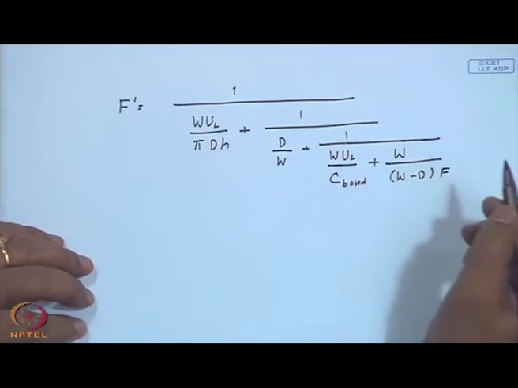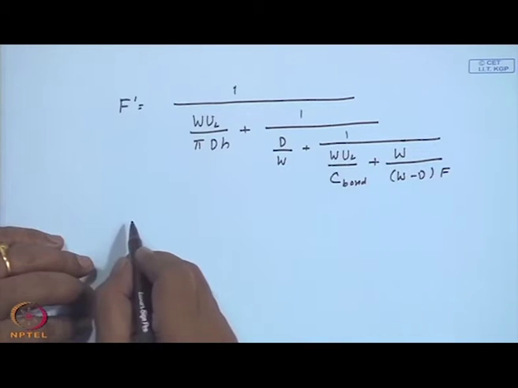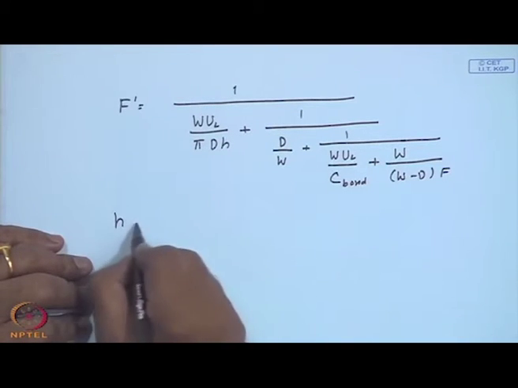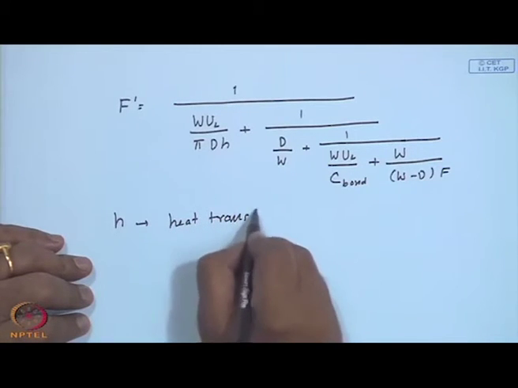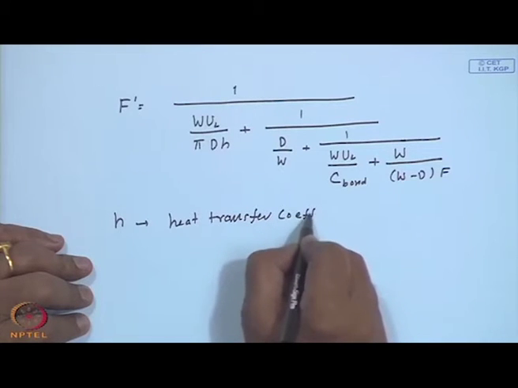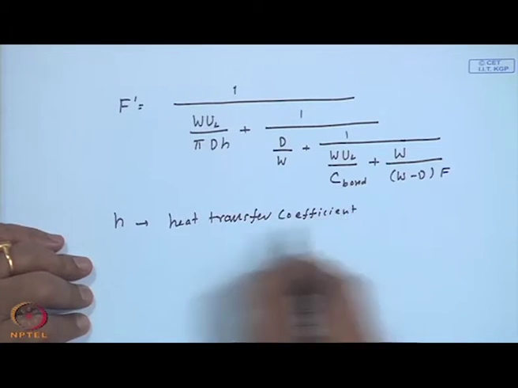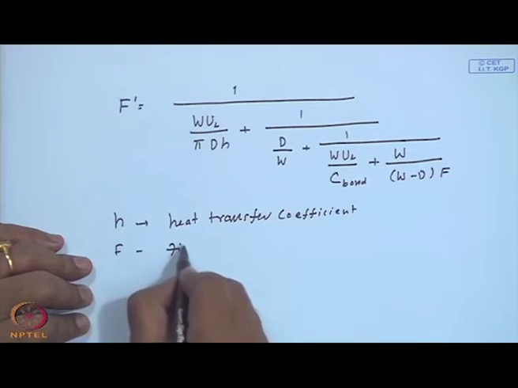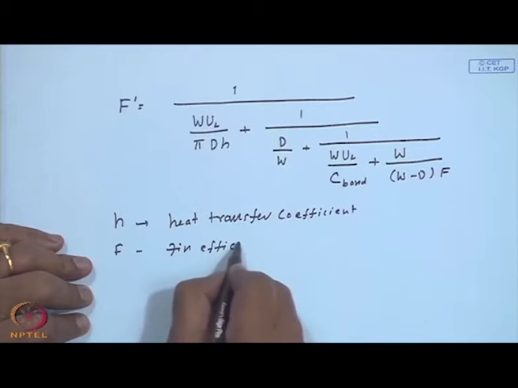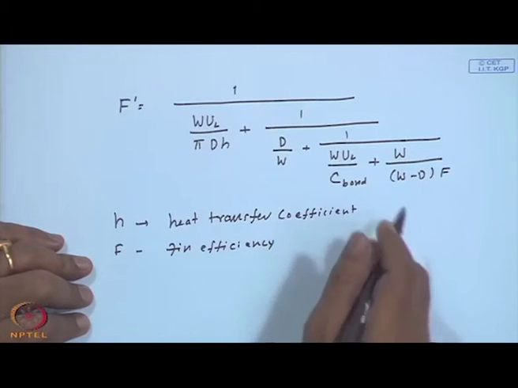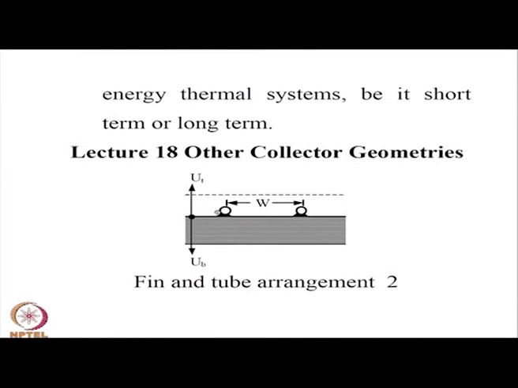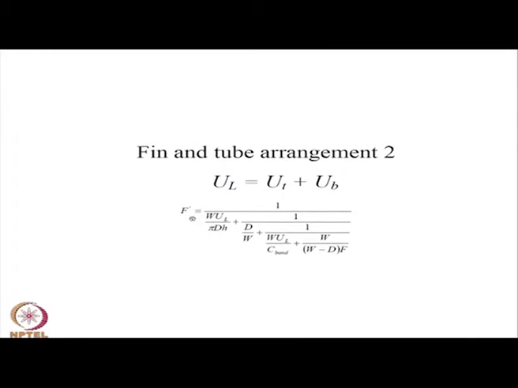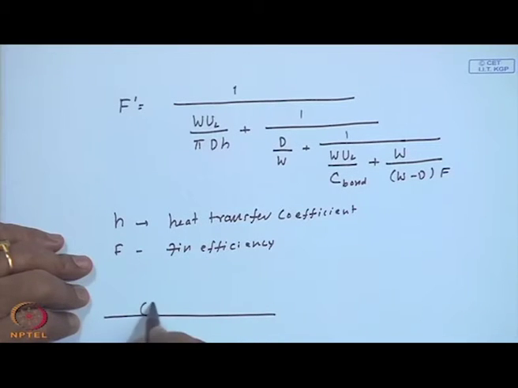What needs to be reminded is that H is the heat transfer coefficient inside the tube, and F is the fin efficiency, and F dashed, U L, D, W remain the same. W is the center to center distance between the tube and the tube.